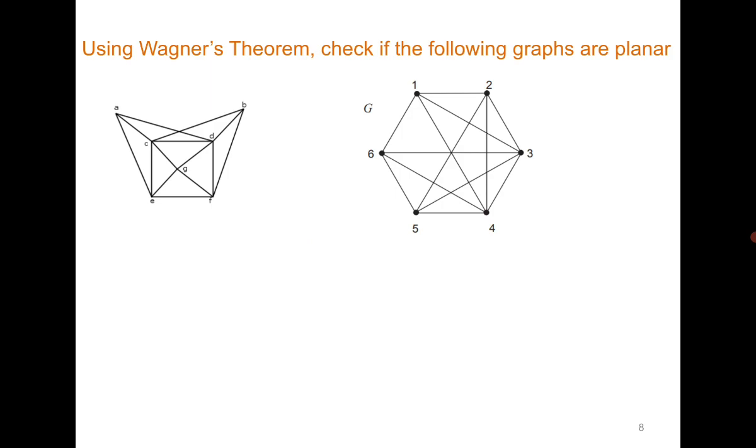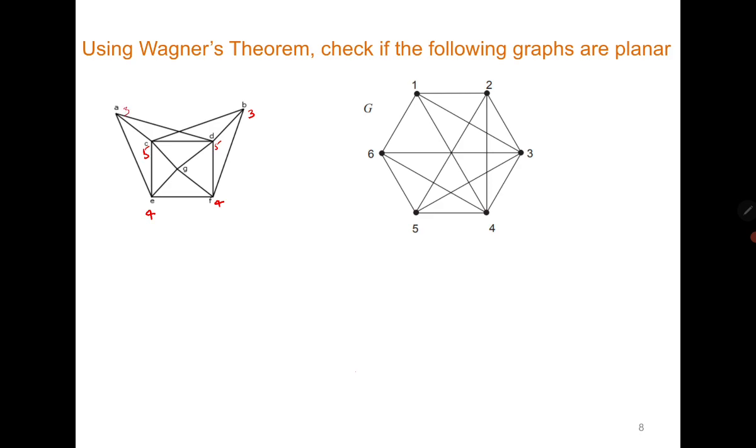So if you see the first one, then you can observe the degrees. This degree is 4, this one is 4, this one is 5, this one is 3, C the degree is 5 and degree of A is 3.